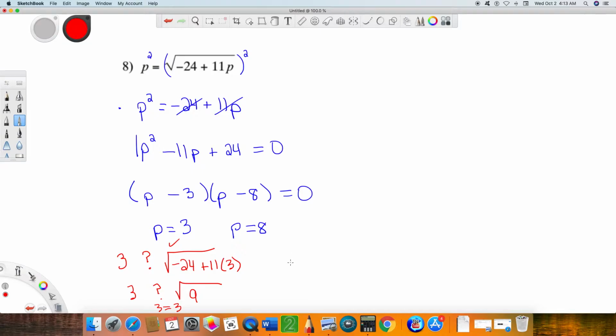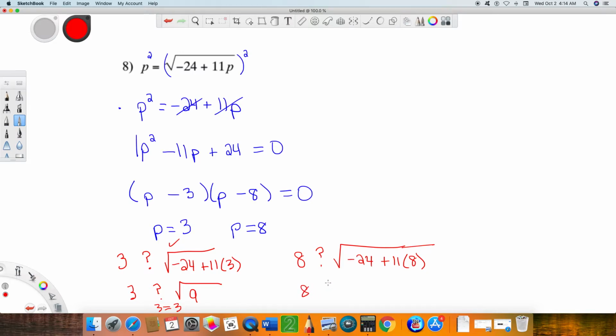Now, what about 8? If we replace p with 8, on the right-hand side, when we do our arithmetic, are we going to get 8? Well, we've got negative 24 plus 11 times p, but this time we think that p will be 8.